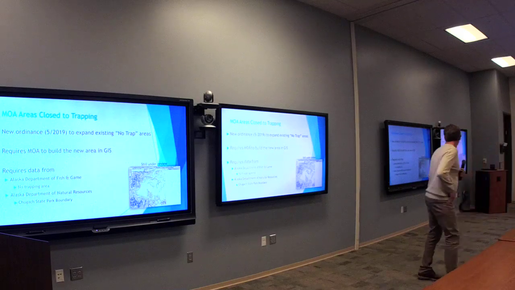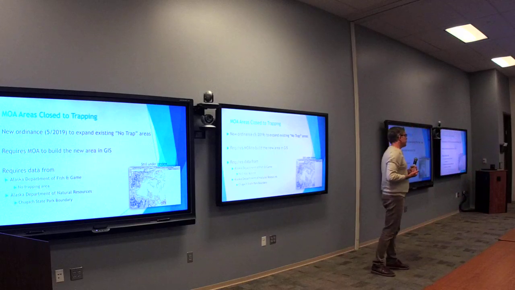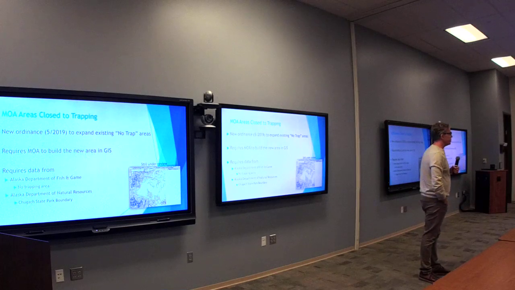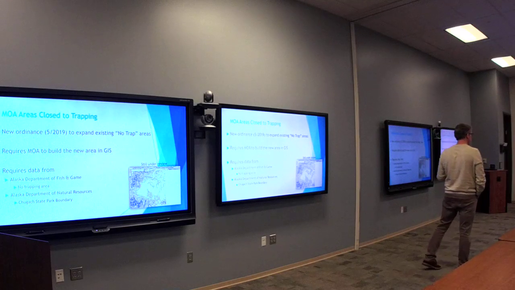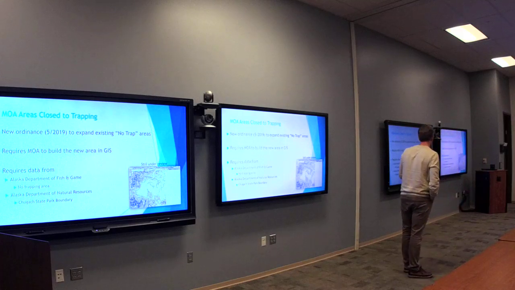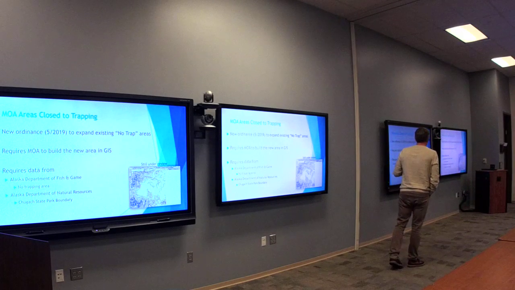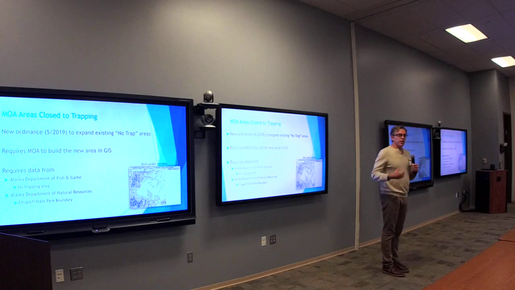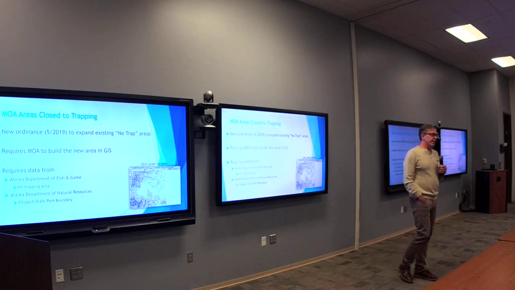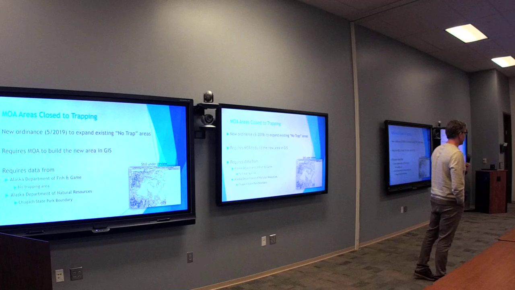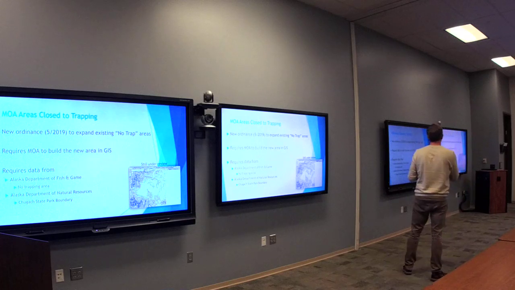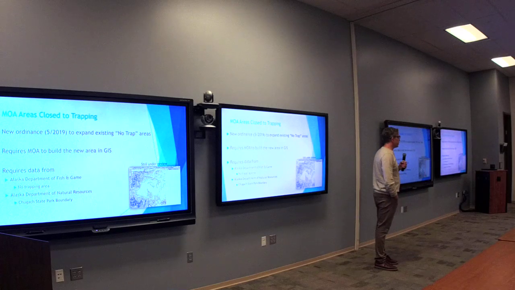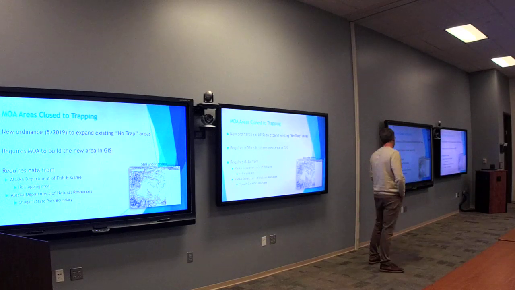All right. So one example of data sharing: the municipality passed an ordinance to expand the areas where trapping is not allowed within the municipality of Anchorage. It passed in May. Basically, our job is to make sure that we have a GIS layer that indicates the areas where you are not allowed to trap. So obviously the basis for this is to grab Fish and Game's existing data for no trapping areas.